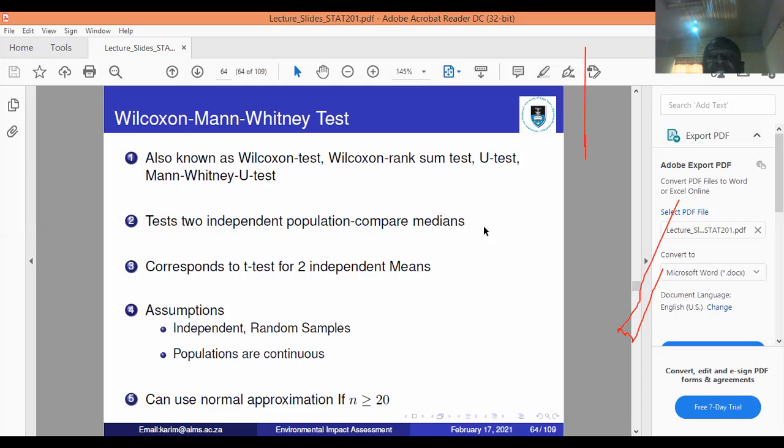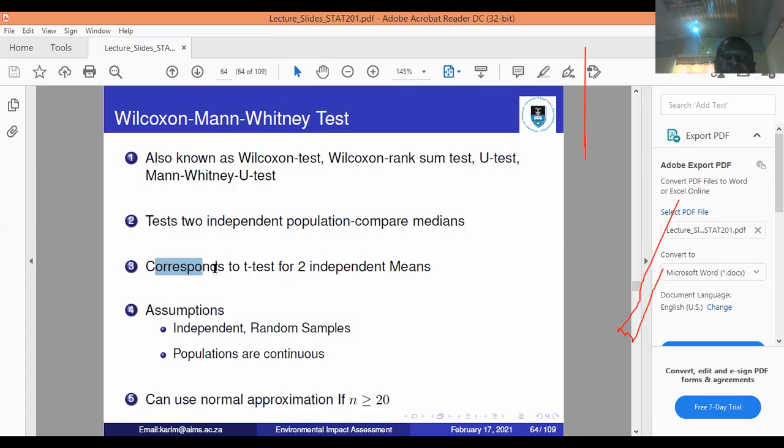What is the population density of the species? So you want to compare the density of the species before and after the project has started. You have two independent samples to compare whether the density of the species is the same or different. To do this, we use the U test, and that is just for comparing two samples.